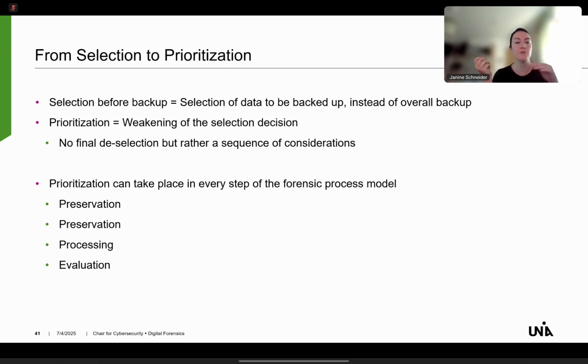We could create a one-to-one copy of the whole device, or we could only have a partial image of, for example, a certain partition or logical image of a certain file or something like that.